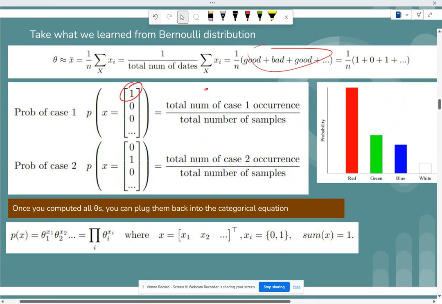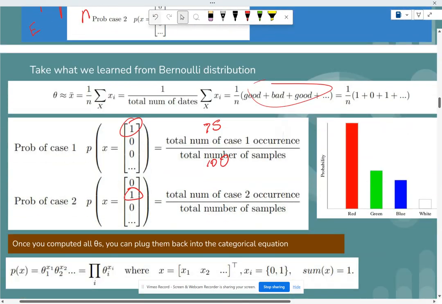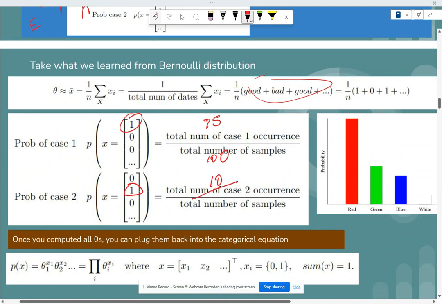So it'll be 75 divided by 100. And that's for case 1. And then for case 2, it was, I believe, 10 out of 100. And so on and so forth. Okay. So this is how you would get theta 1, theta 2.